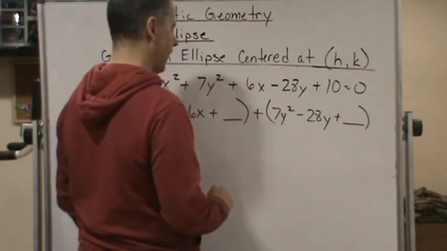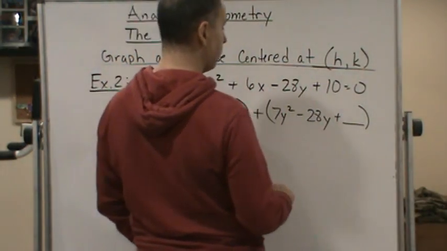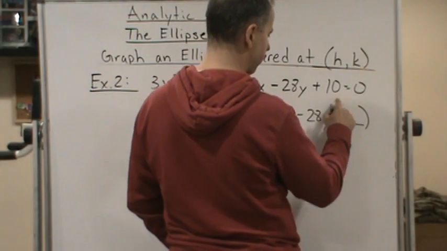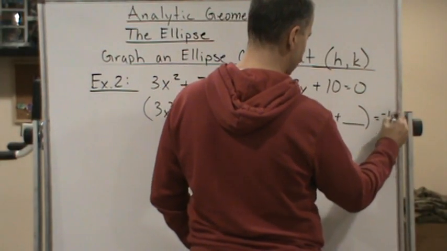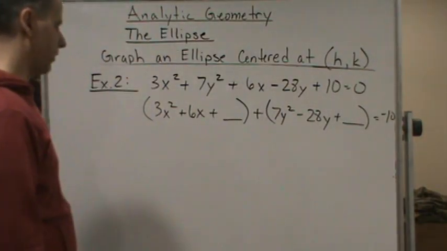Okay. And now I'm going to subtract 10 from both sides, and so that's going to give me negative 10 on the other side.